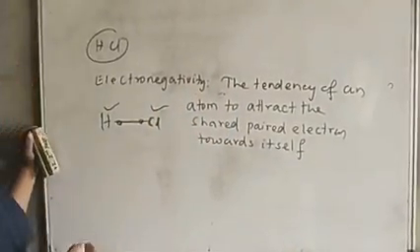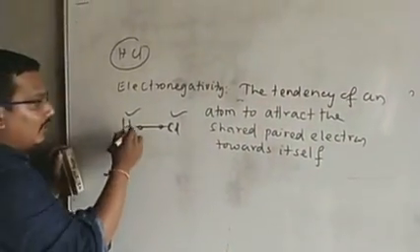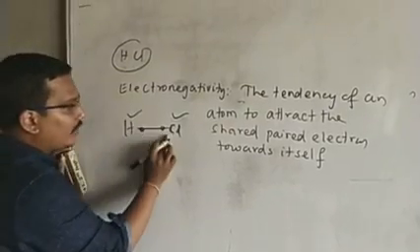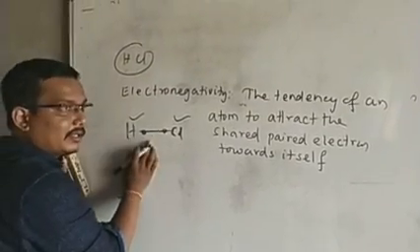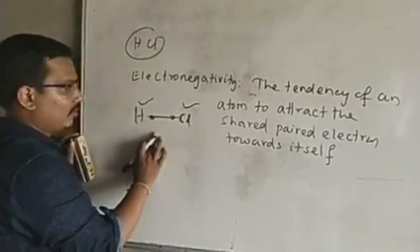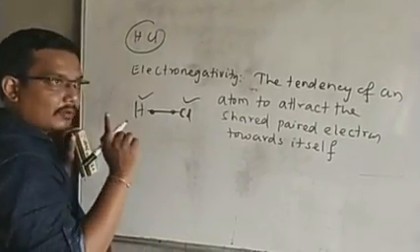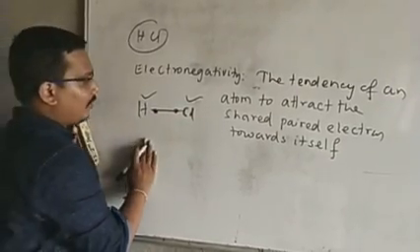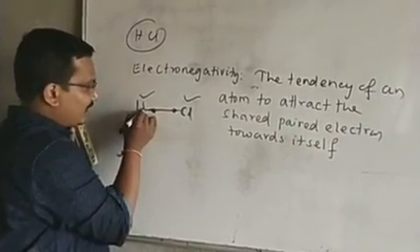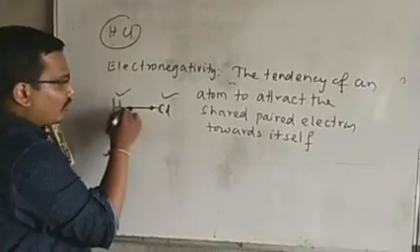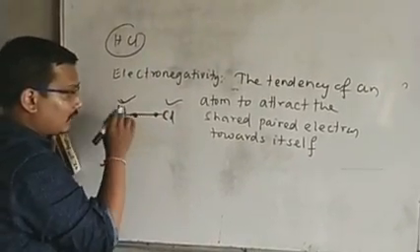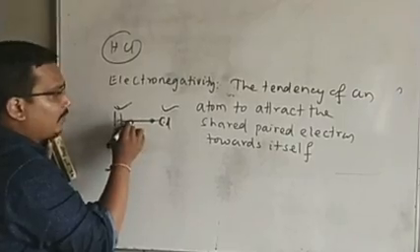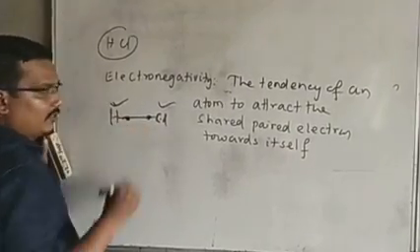It is a tendency. Hydrogen atom and chlorine atom both donate one electron for sharing, for one pair of sharing. Since it is a covalent bond, the two electrons must have equal right, so the two atoms must have equal right upon them.